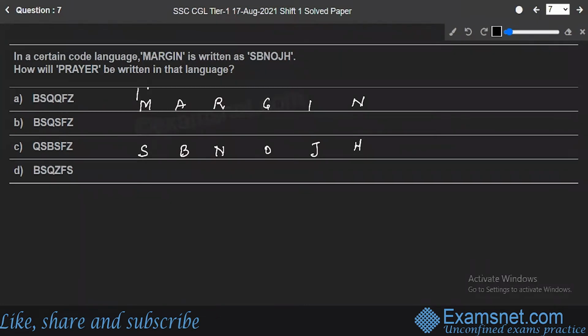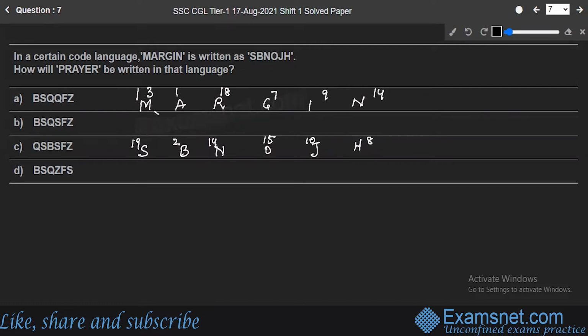M is at 13, A is at 1, R is at 18, G is at 7, I is at 9, N 14, S is at 19, B is at 2, N 14, O is at 15, J is at 10, and H is at 8.